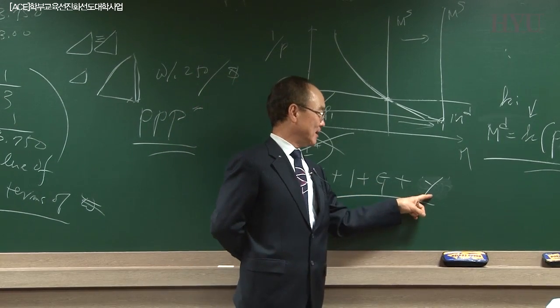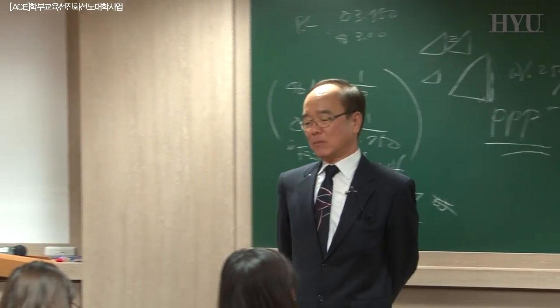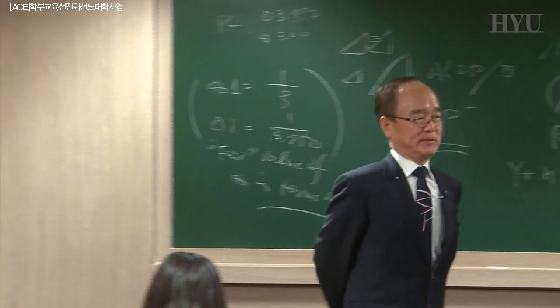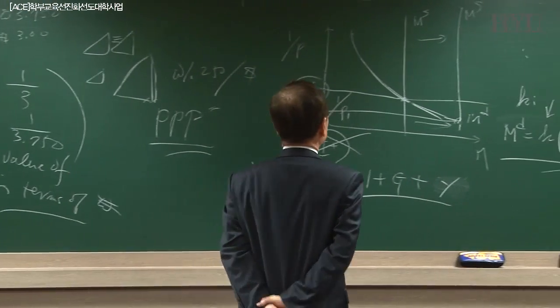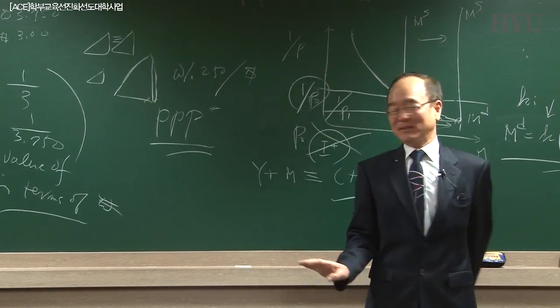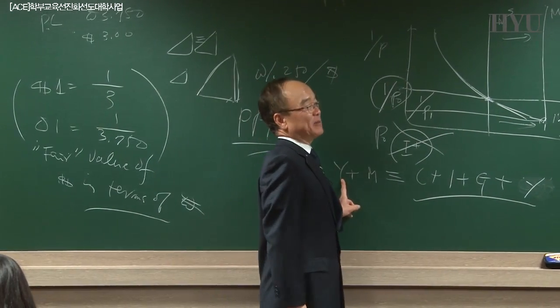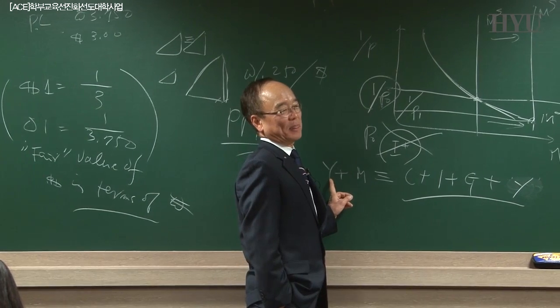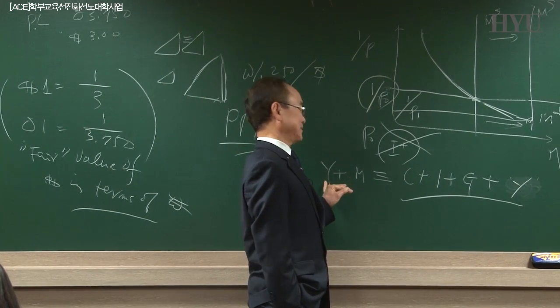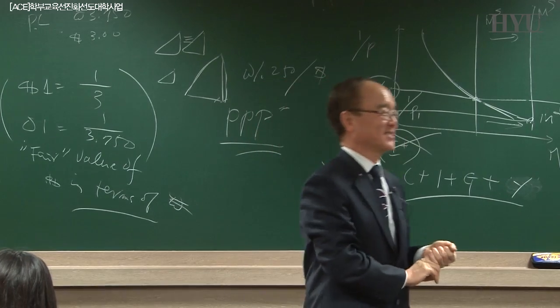I, G, X. This is X, right? We regard all of them as real variables. Okay. Then real variable means quantity. But only thing is slightly confusing one more time. Why is real value represented simply as quantity? In the real world, the term real is very confusing actually.